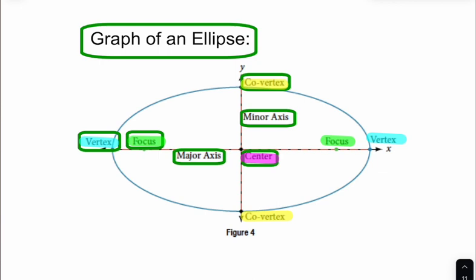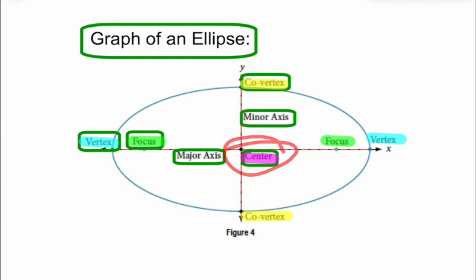There are lots of pieces and parts to an ellipse. We have something called the foci, or focus. We have a major axis, which could be going this way if the egg is laying on its side, and a minor axis, which could be going that way.